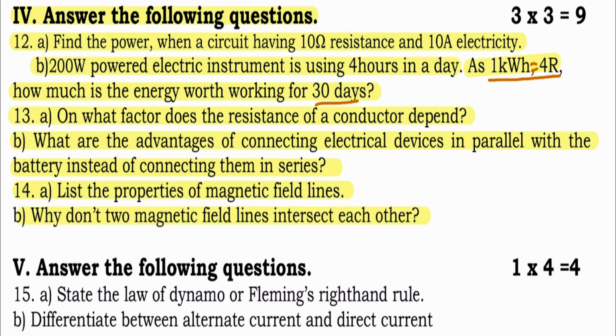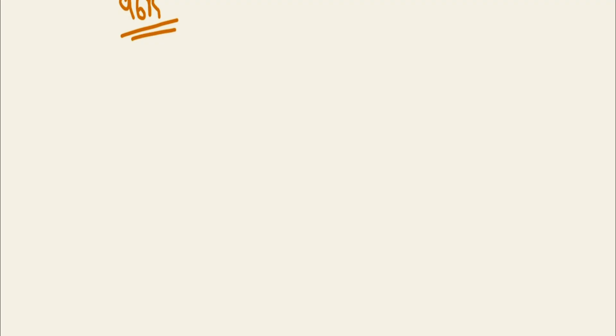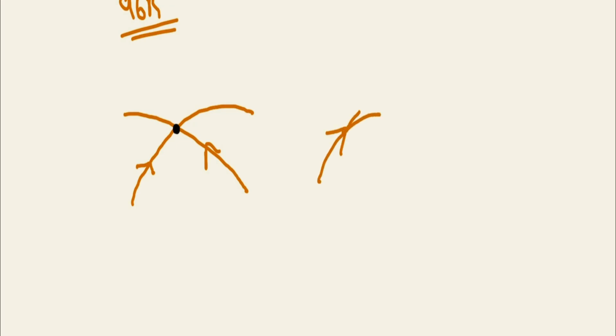Two magnetic field lines do not intersect each other because at every point in space the magnetic field line has a unique direction. For example, here, observe this as one magnetic field line and take this as another magnetic field line, and they intersect at this point. But when we are calculating direction for the magnetic field lines, we need to draw a tangent.